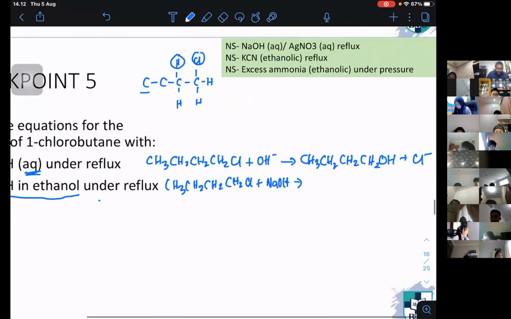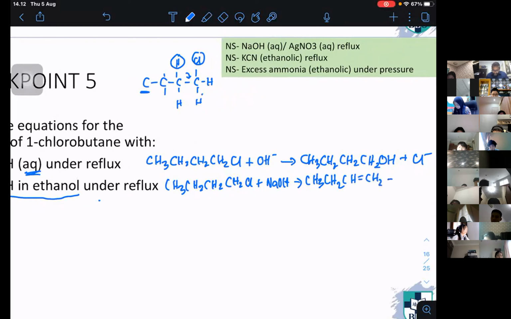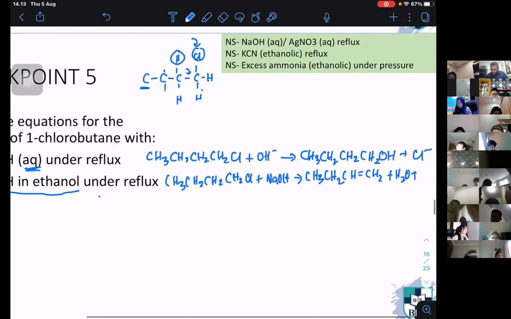And then what am I going to get? I will get CH3, CH2, and then CH, with a double bond there, and then CH2, plus, this H will join with OH to give you water. That Cl will join with Na to give you NaCl.